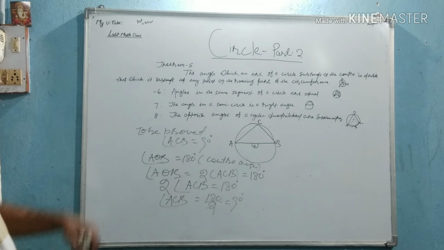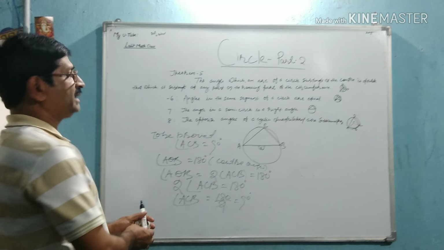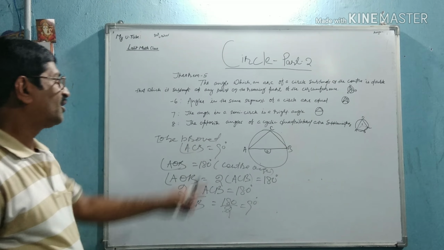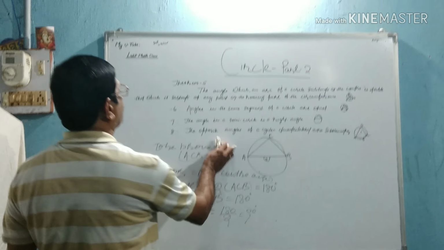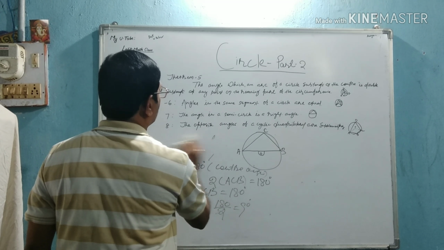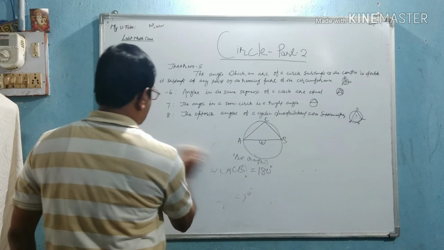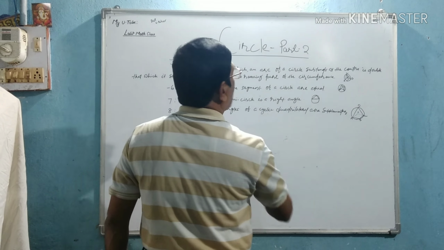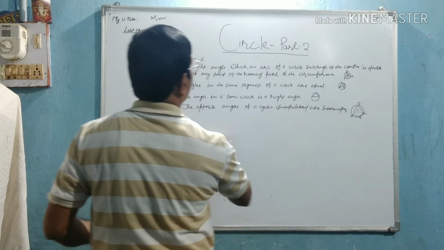And here we have proved that the angle in a semicircle is a right angle, or you may say 90 degrees.